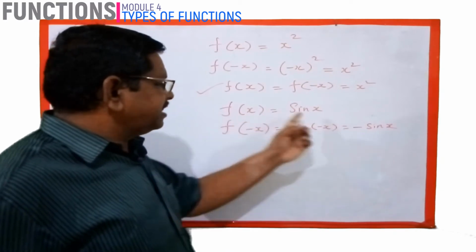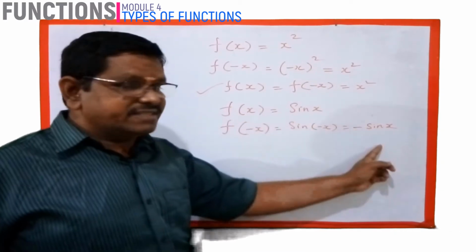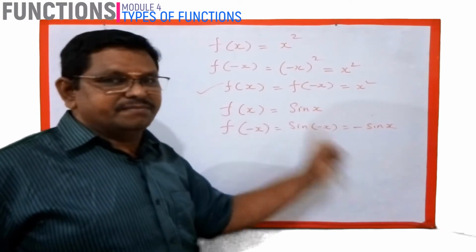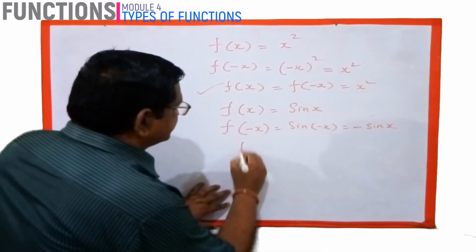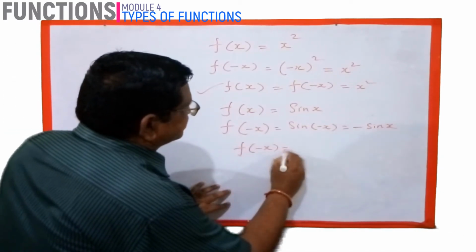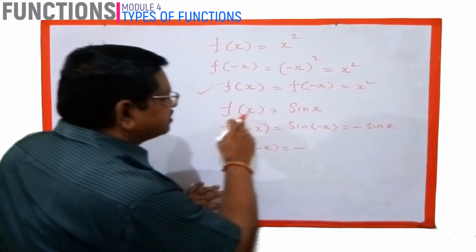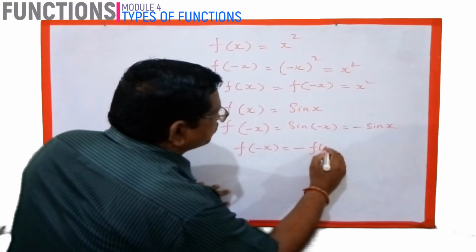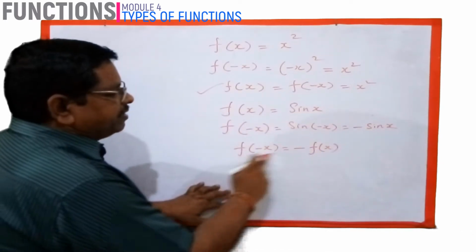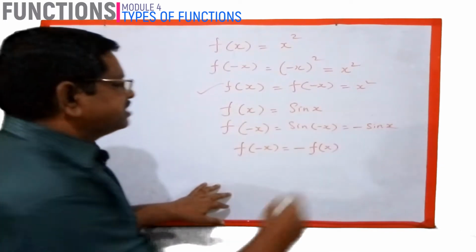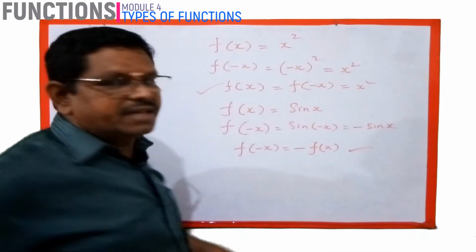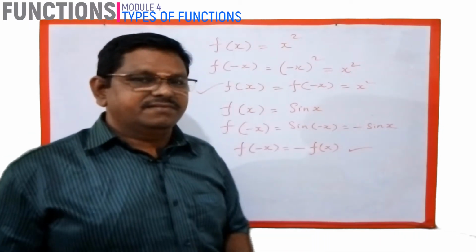Here f of x is sin x, f of minus x is minus sin x. These two values are not the same. What we have understood is f of minus x is nothing but minus of sin x, which is f of x. So f of minus x is equal to minus f of x. Such a type of function will be called an odd function.